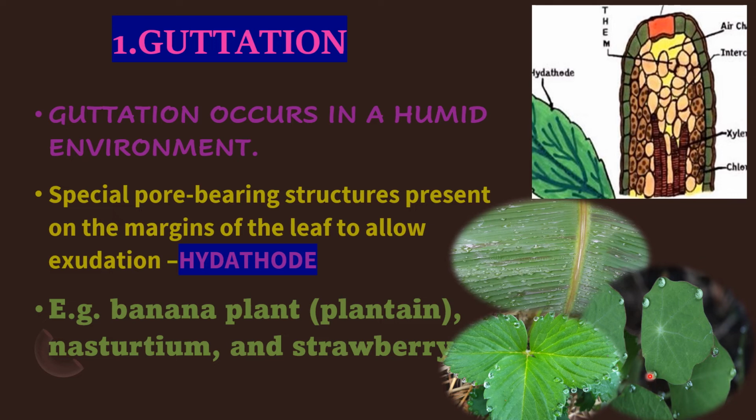Then how do you define guttation? Water droplets come out along with dissolved salts through the margins of the leaves by hydathodes. That is called guttation.